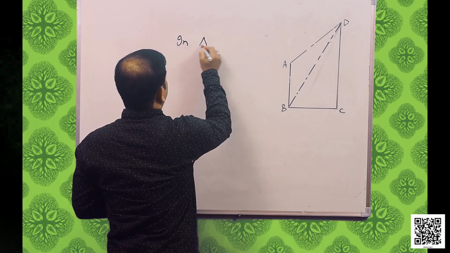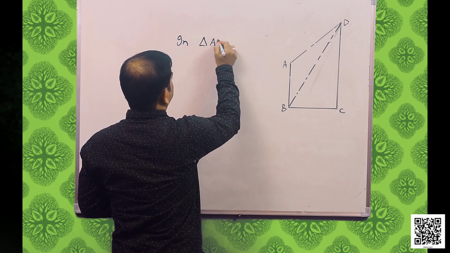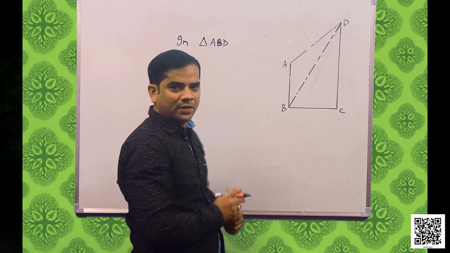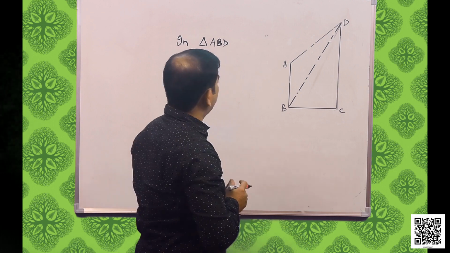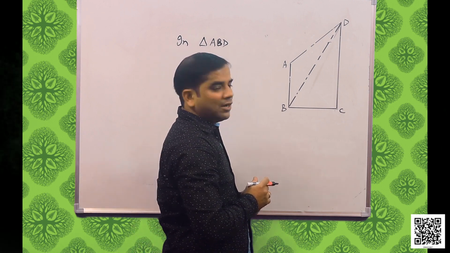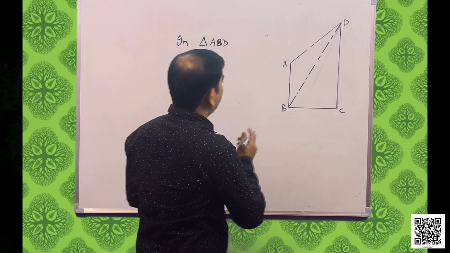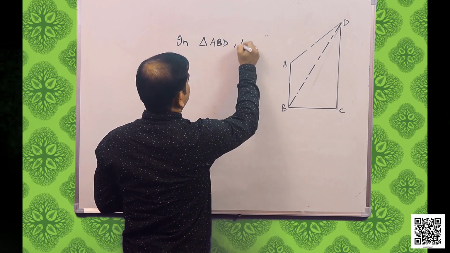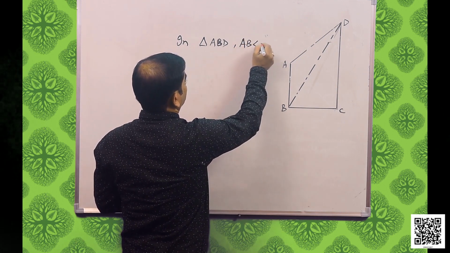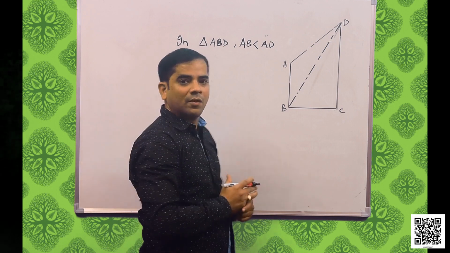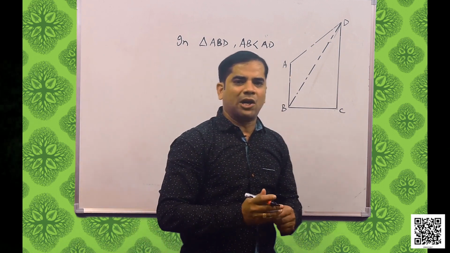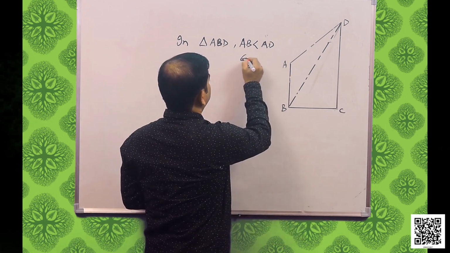In triangle ABD, AB is smaller than AD, it is given.